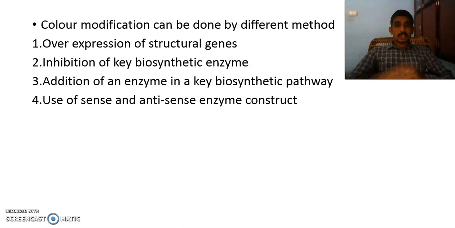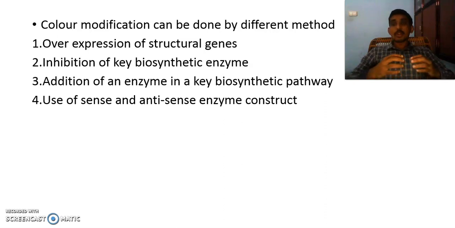Next, let us study how genetic modification can occur. What are the possibilities of genetic modification in order to create transgenic plants having desirable flower color? First of all, overexpression of structural gene.